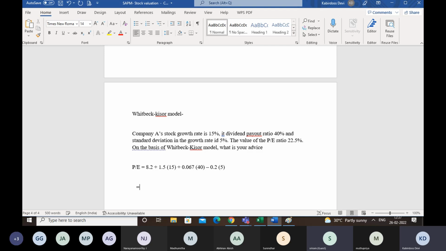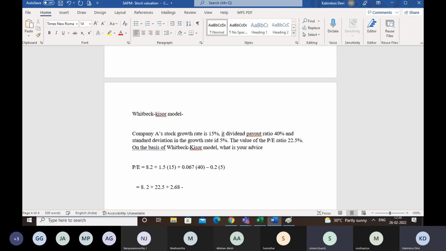Quickly tell me what is the answer. First we'll go one by one. 8.2 plus 1.5 into 15. 1.5 into 15 is 22.5, so 8.2 plus 22.5. Again 0.067 into 40 is 2.68.